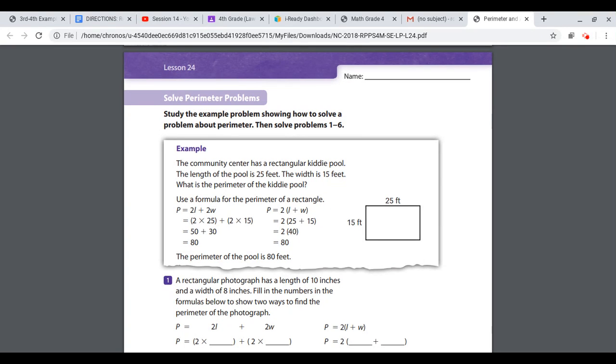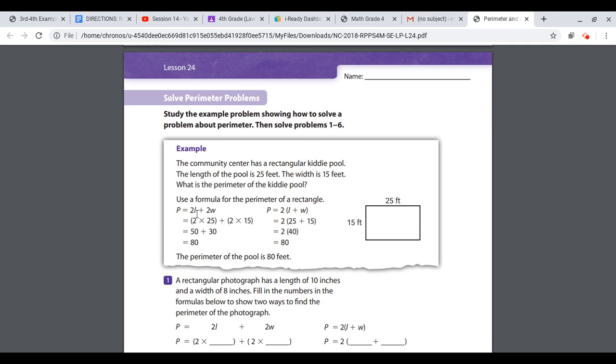It says the community center has a rectangular kiddie pool. The length of the pool is 25 feet. The width is 15 feet. What is the perimeter of the kiddie pool? So use the formula for the perimeter of the rectangle. If you didn't watch the last video for session 16, you need to do that because we talked about both of these formulas.